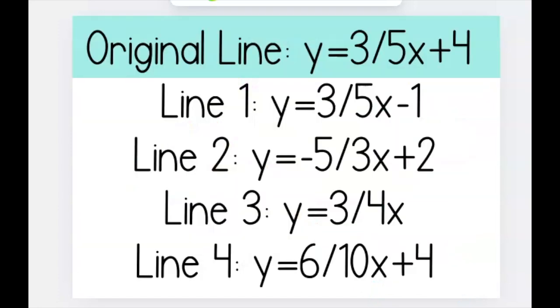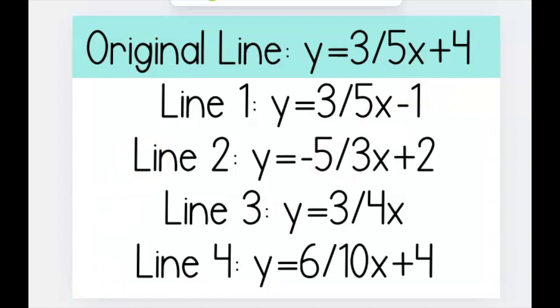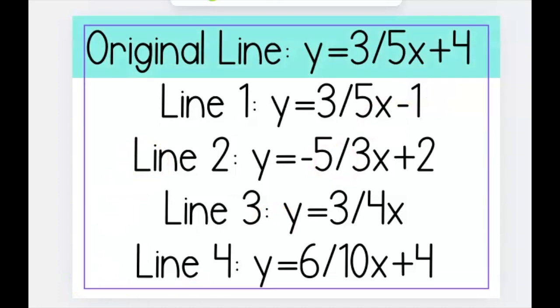And sometimes you will not have a picture. You'll just have an equation. So if we have this original line, we can see that the slope is 3/5. If we're comparing line 1, we have the same slope, but a different y-intercept. Because we have the exact same slope, line 1 is going to be parallel to the original line.